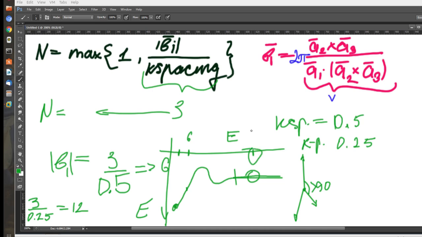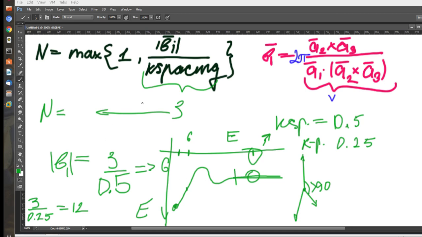So here will be some amount of K points that is respective to some K spacing, and that K spacing we can use in our future calculations.